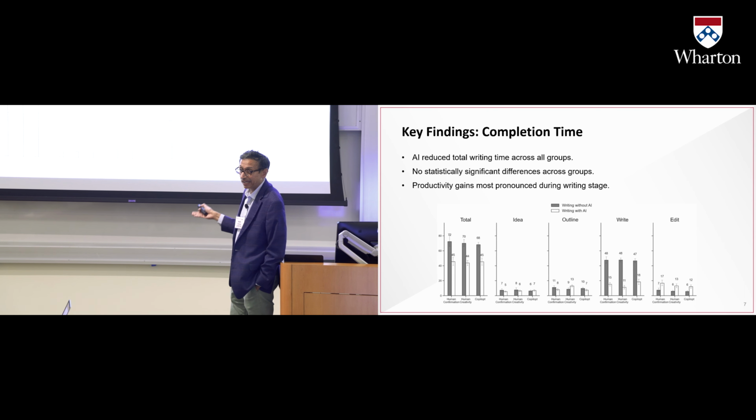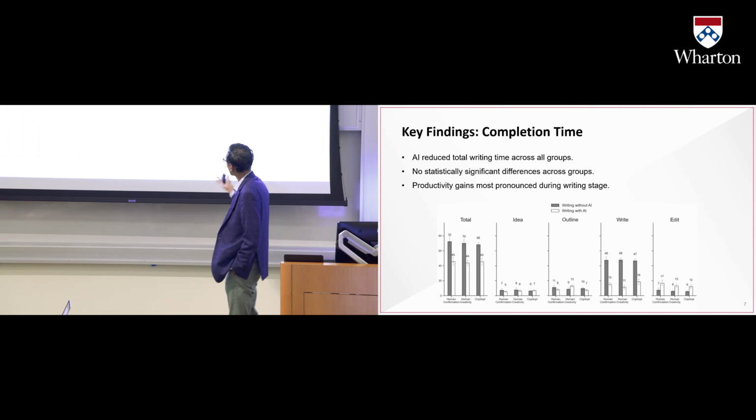Furthermore, most of the gain in time was in the drafting phase. The drafting time went down quite dramatically for all the 3 groups. There are some differences between the groups in terms of each of these stages. In the interest of time, I'm not going to go into it, but one I'll quickly mention.